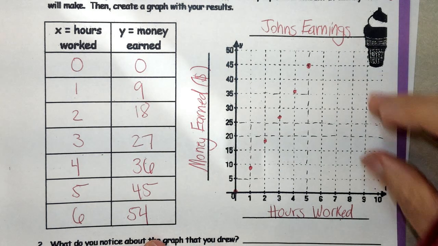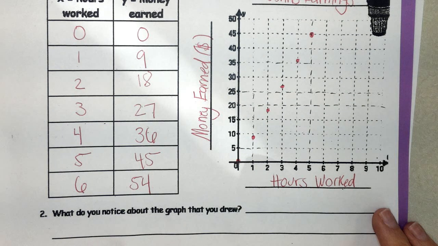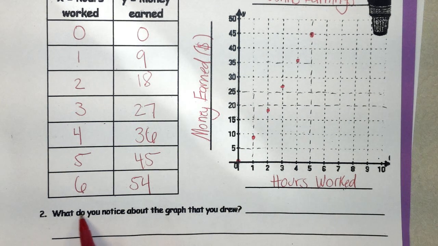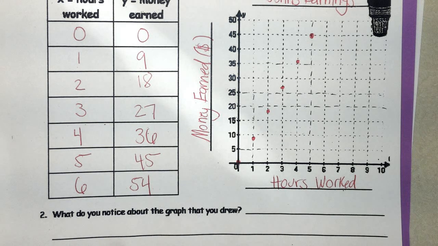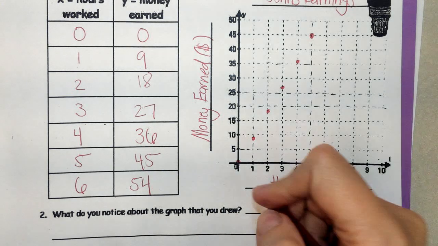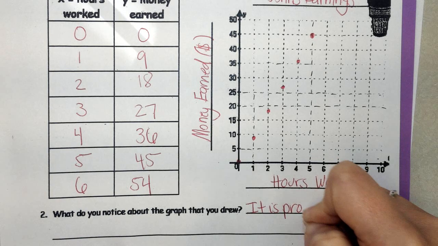Okay? Once you have this fully graphed, I want you to look at what do you notice about the graph that you drew? What do you notice about it? Hallie. So what does that specifically mean? It is, very good, nice job. It is proportional.